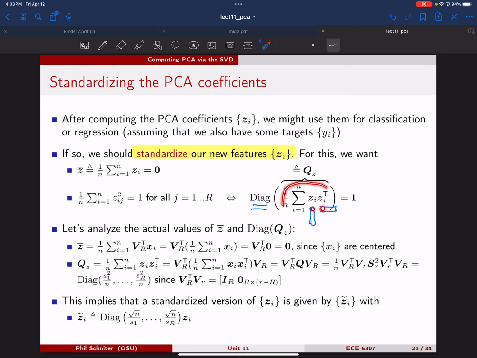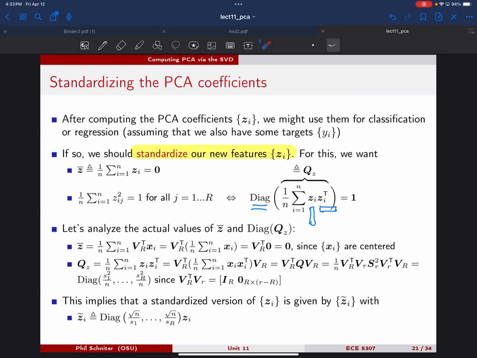So essentially here I'm doing this, the average of those guys, of this Zi1 squared. This is the average. And then I'm looking at the diagonal of this matrix I get. So if I look at the off-diagonal elements, what I'll see is the correlations between the different elements in the Zi vector. Those are not useful for us right now. We just want the variances. So this diagonal just looks at the variances, the first times the first averaged, or the second times the second averaged, or the jth times the jth averaged.